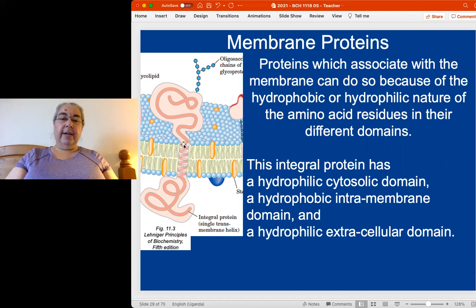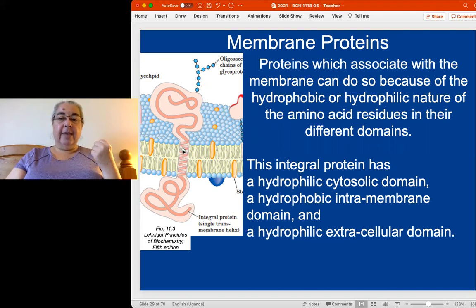So a protein that has a hydrophobic part can very easily associate with the middle of the membrane structure, the lipid bilayer, and it would be difficult for a protein like this to be away from the membrane, because then this hydrophobic part of the protein would be exposed to water. It would be energetically unstable.